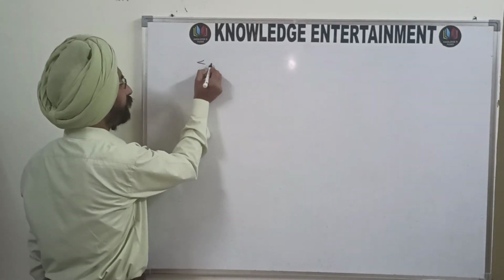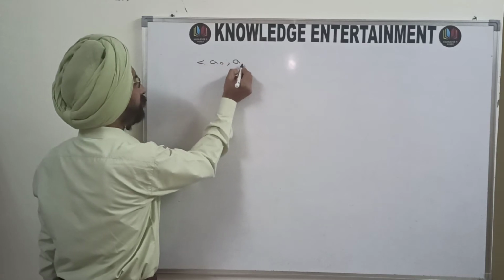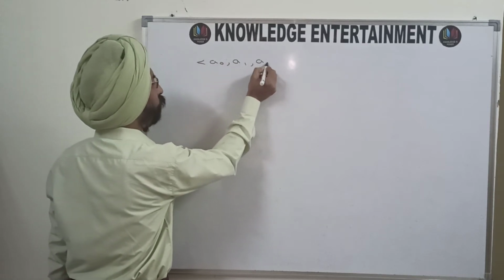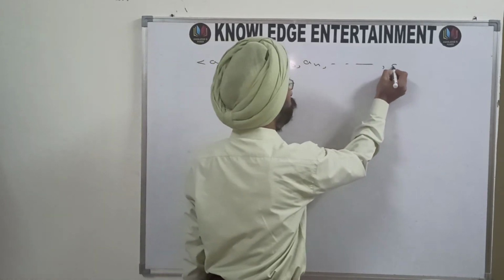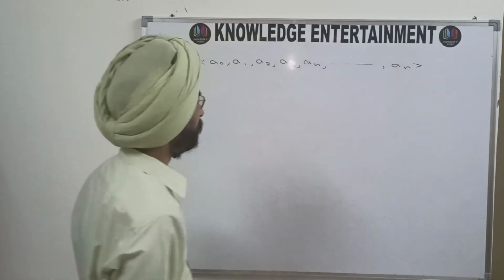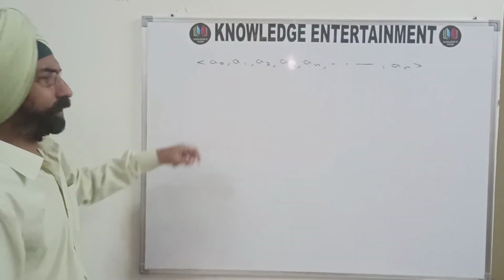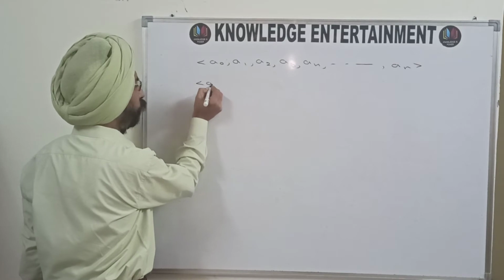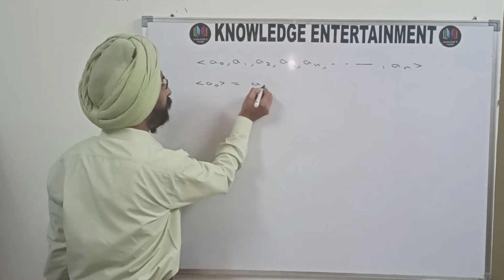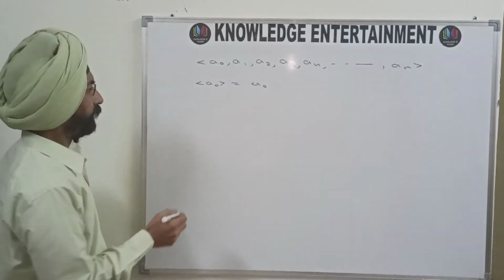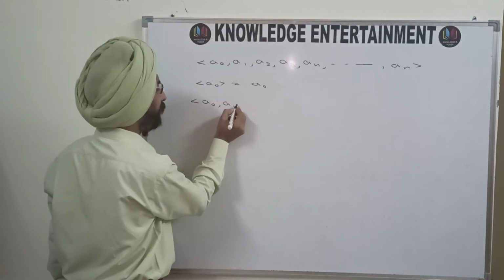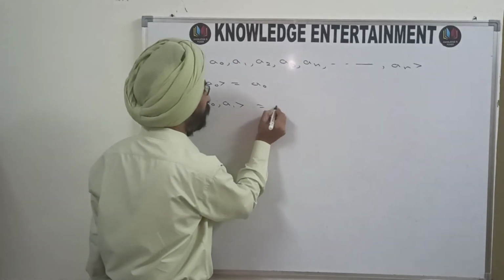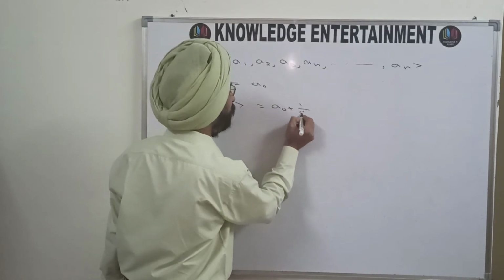Consider this simple finite continued fraction [a0, a1, a2, a3, a4 and so on up to an]. If you take only the first partial quotient, you will get a0. If you take the first two, you will get [a0, a1], that means a0 plus 1 upon a1.